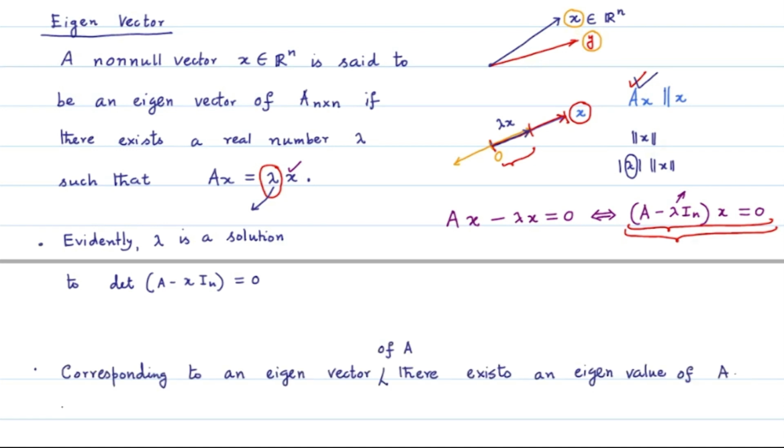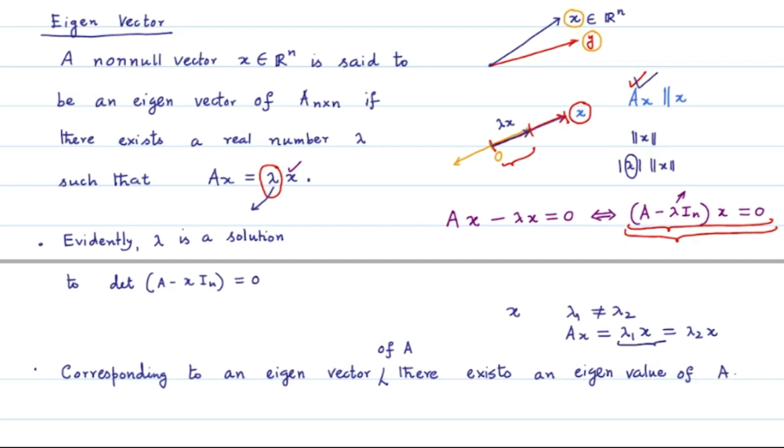Here let me place a question before you. Corresponding to every eigenvector of A, there exists an eigenvalue, but whether this eigenvalue is unique or not. That means, is it possible that corresponding to a given eigenvector x of the matrix capital A, there can exist two eigenvalues lambda 1 and lambda 2, so that Ax is equal to both lambda 1 x and lambda 2 x? The answer to this question is obviously negative.